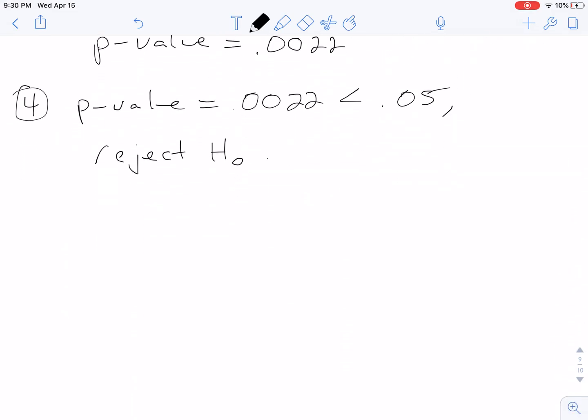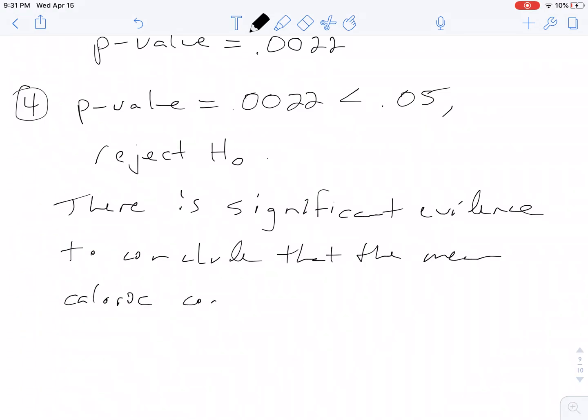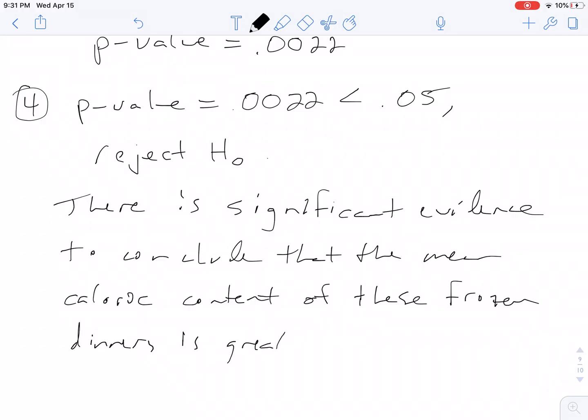So then if we make that interpretation in context, I would say there is significant evidence to conclude that the mean caloric content of these frozen dinners is greater than 240.